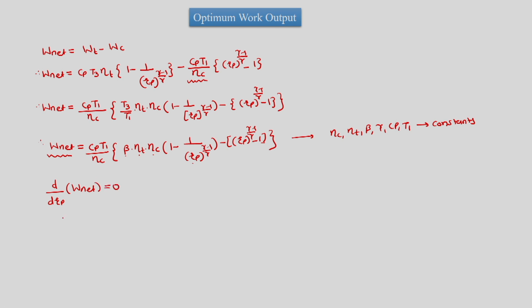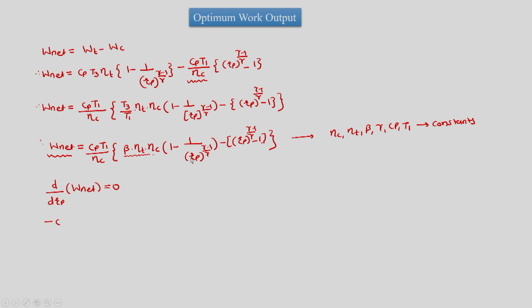this we can rewrite as minus. So, this term would get multiplied inside, but this is a constant, so its differentiation is 0, and the whole thing will get multiplied to 1 upon Rp raised to gamma minus 1 upon gamma, where we have Rp.